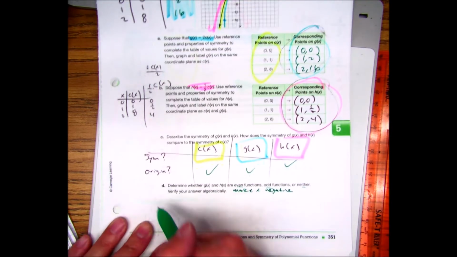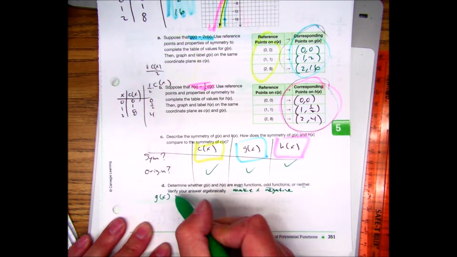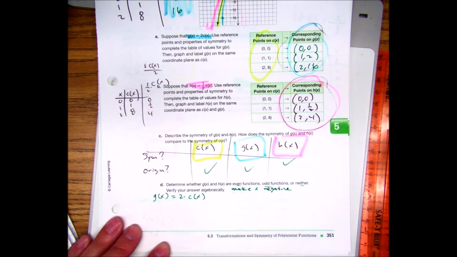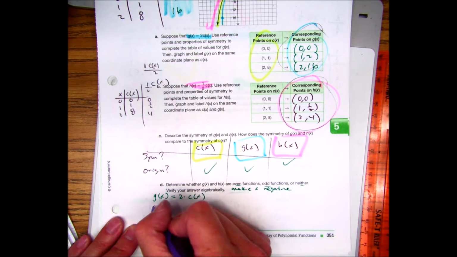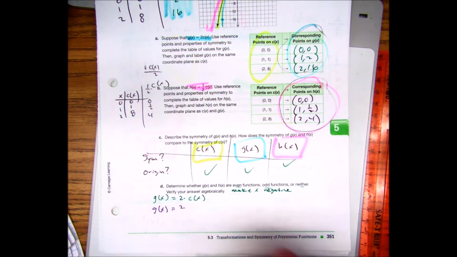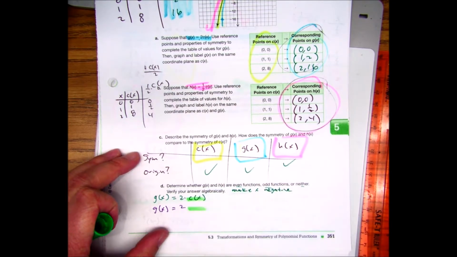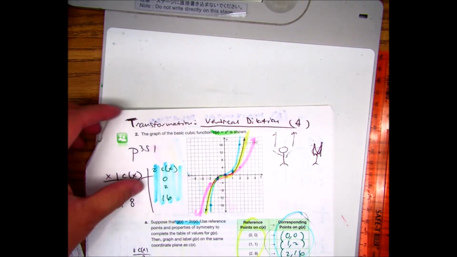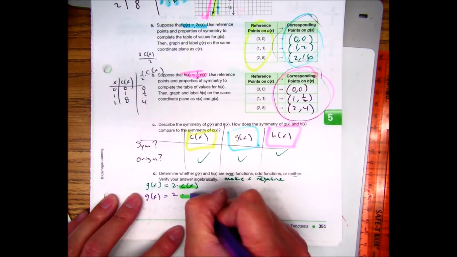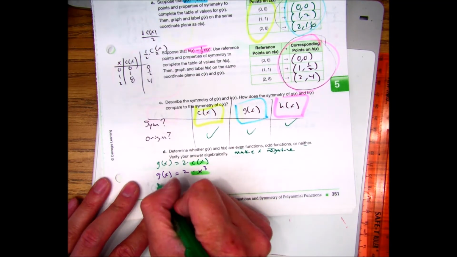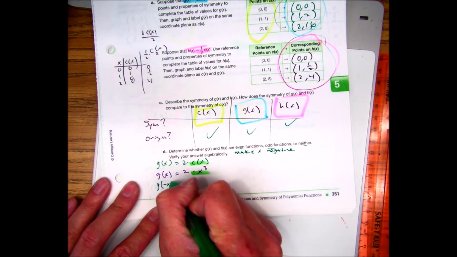So I have g of x equals 2 times c of x. C of x we got from the very top of the problem is what? X cubed. Put that in there. Now we're going to do what Macy said, make x negative.